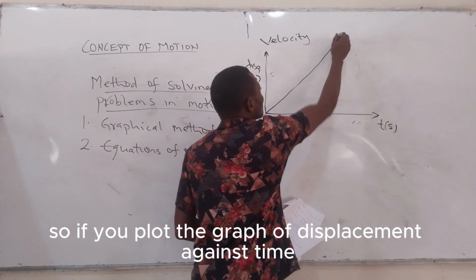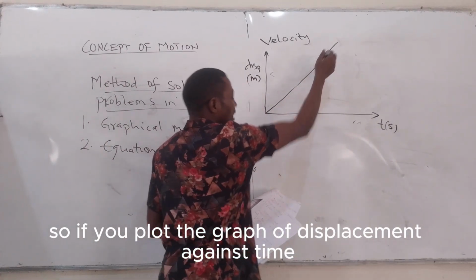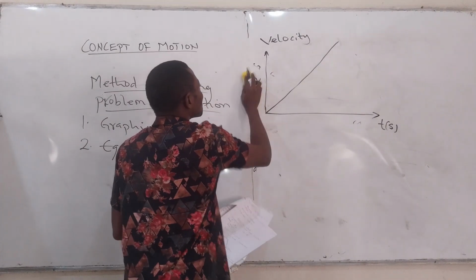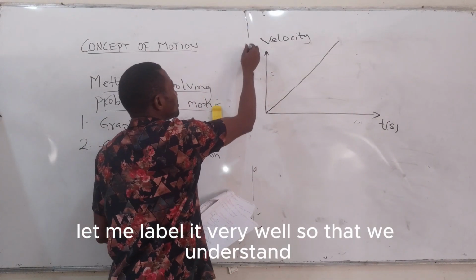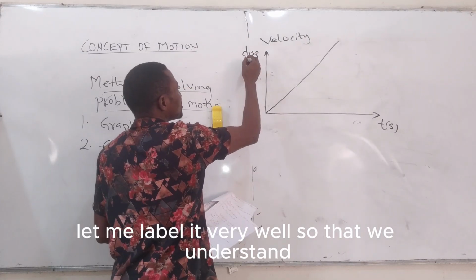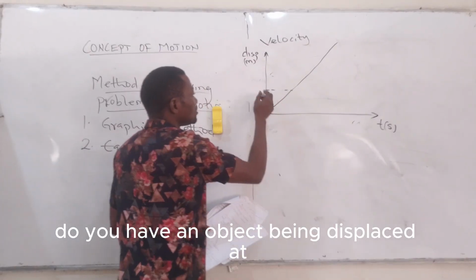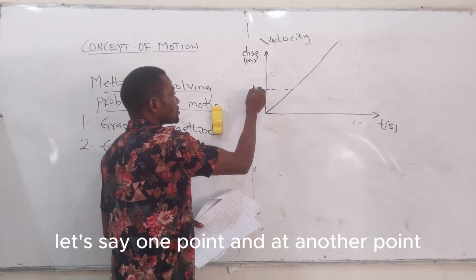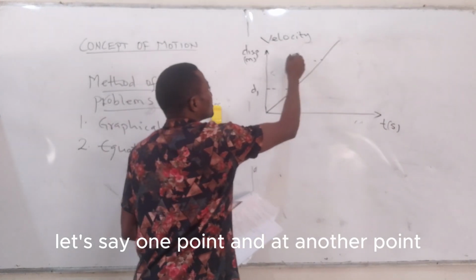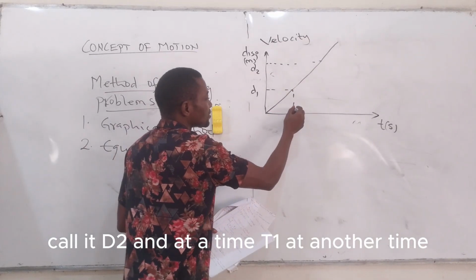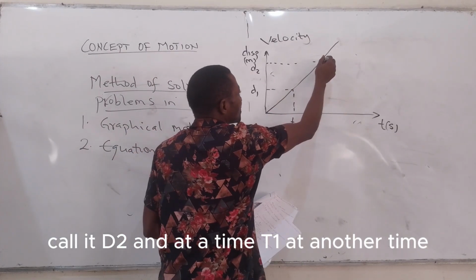So if you plot the graph of displacement against time, let me label it very well so that we understand. You have an object being displaced at one point, D1, and at another point, call it D2, at a time T1, and at another time T2.